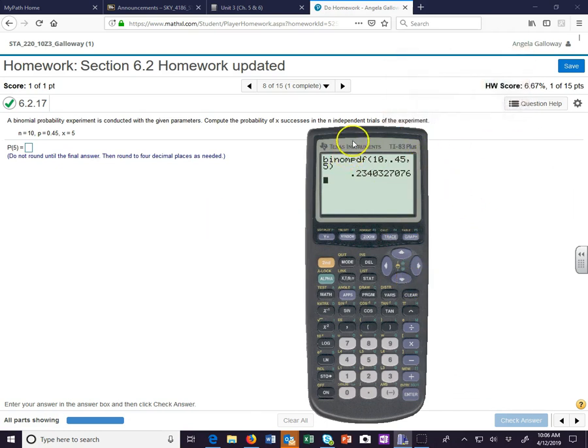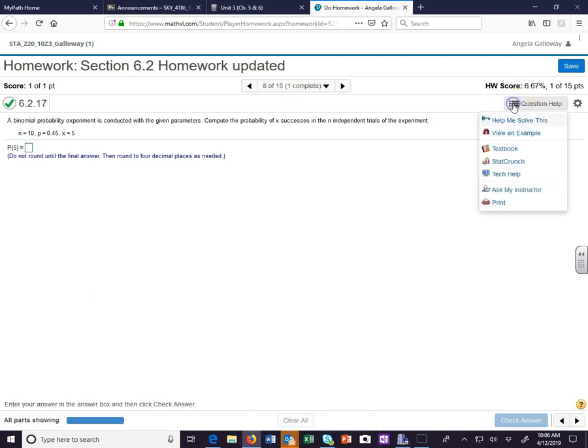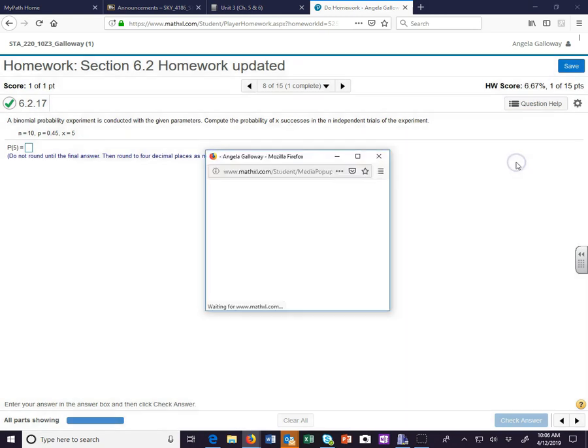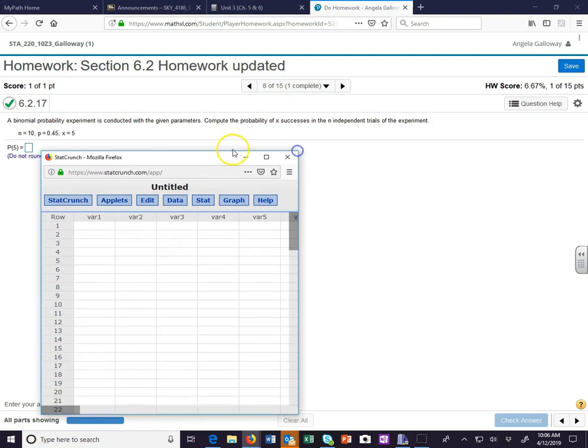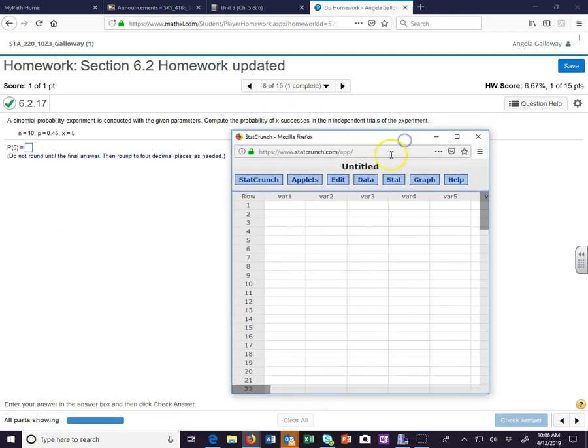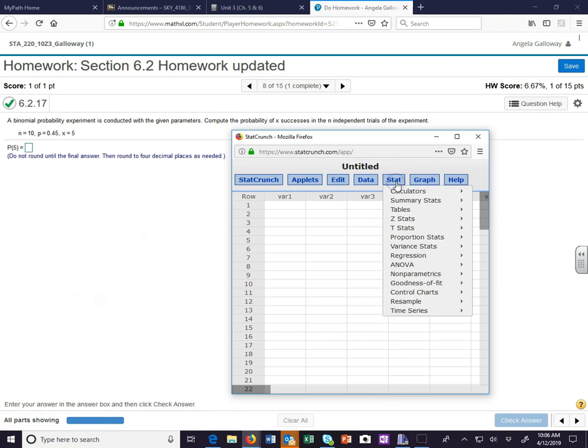Now, if you wanted to use StatCrunch, you can do that too. For StatCrunch, you go to question help and go here to StatCrunch. I'm going to make it a little smaller if I can. A lot of times with StatCrunch I don't have everything memorized, so I just go through here till I see something that looks like what I want.